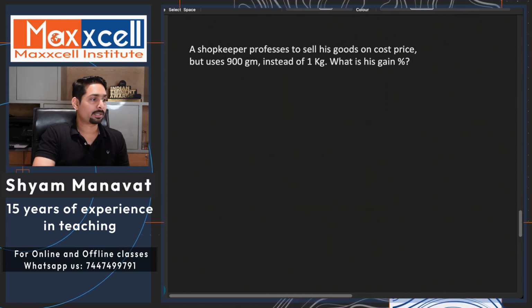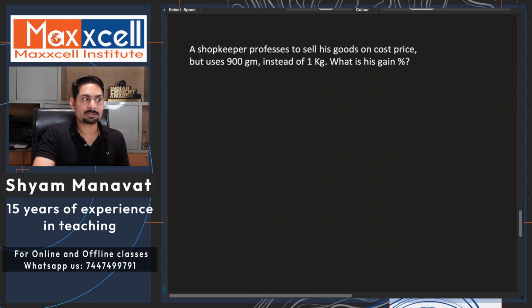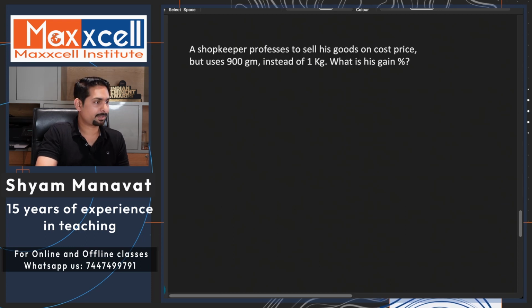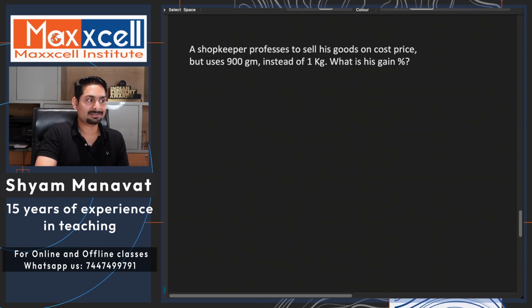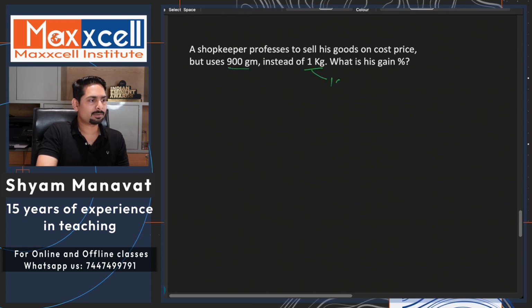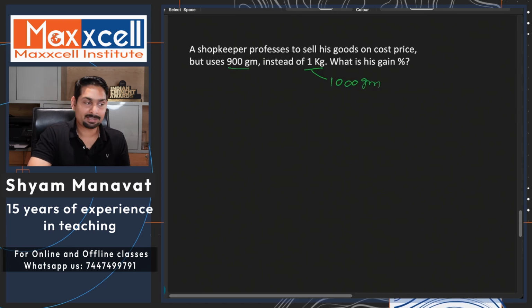Good. The next question is about a dishonest shopkeeper who professes to sell his goods at cost price. But he is using what? A 900 gram weight instead of 1 kg. 1 kg means 1000 gram. So what is he saving here?